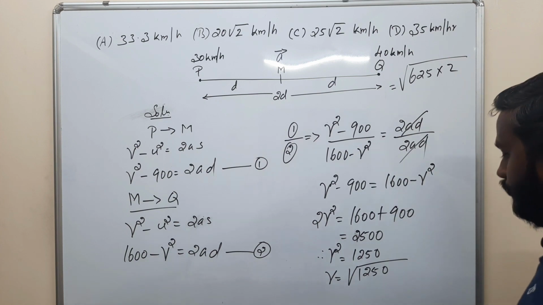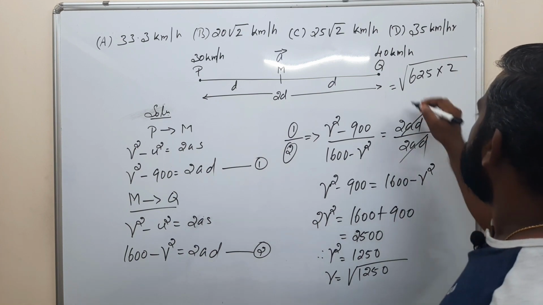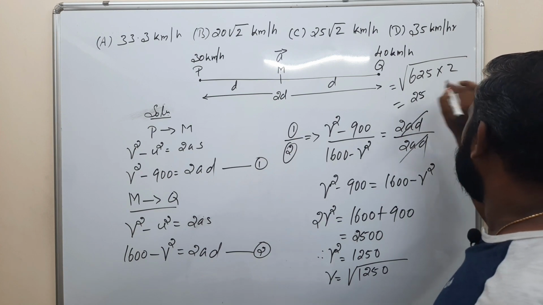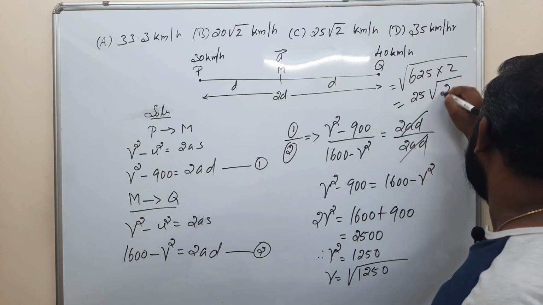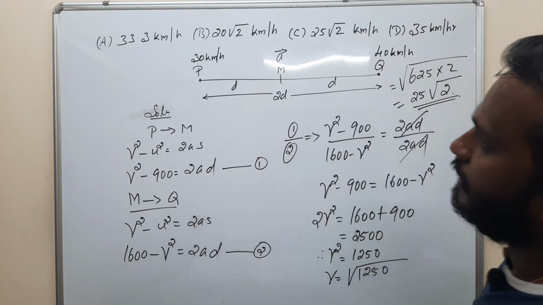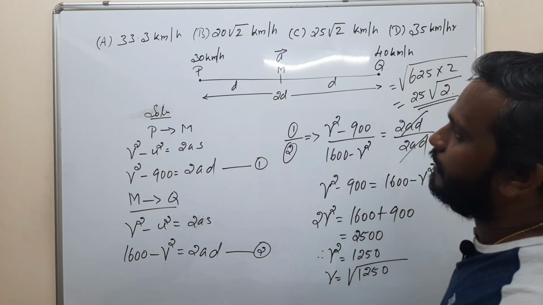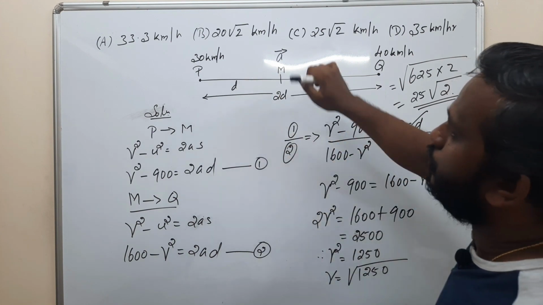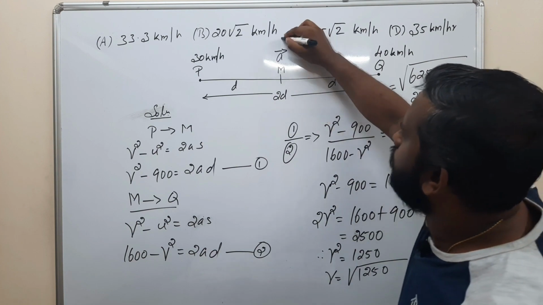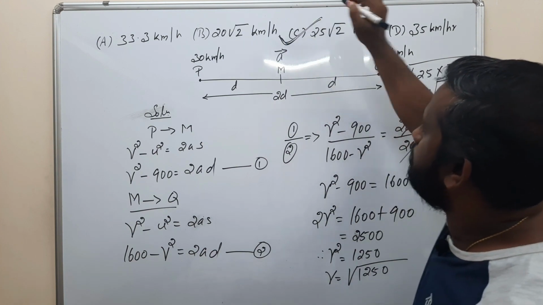What is root of 625? That is 25. So 25 into root 2. That is the answer. Option A is 33.3 kilometer per hour, Option B is 20 root 2, Option C is 25 root 2. So 25 root 2 is the answer.